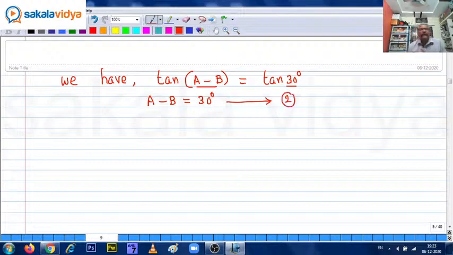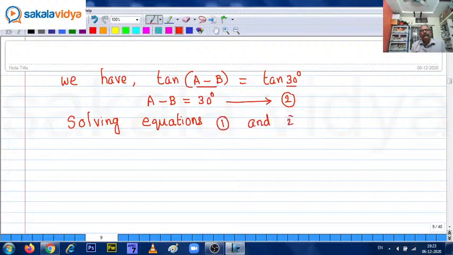Very good. So now solving equations 1 and 2, we get a and b. This is our aim. So how to solve?